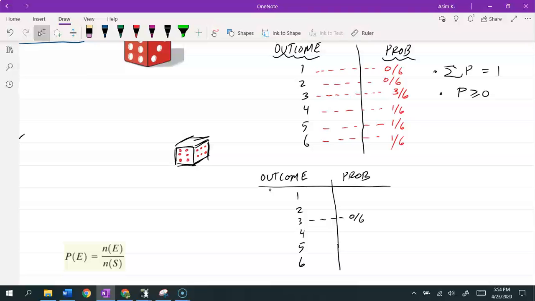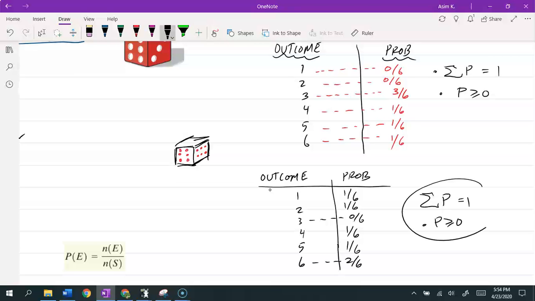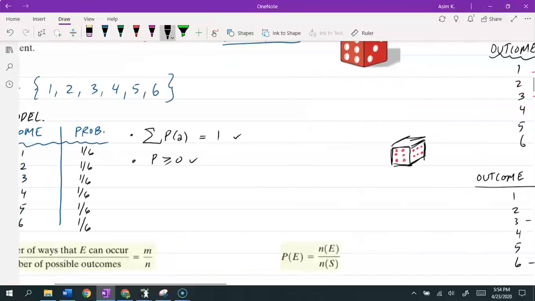So there's 0 out of 6 chances of that happening, but there's 2 chances out of 6 of a 6 occurring, and the rest of them are standard at 1 out of 6 each. Same question, is this a valid probability model? Yes, all the probabilities do add up to 1. Is each probability greater than or equal to 0? Yes, it is. So again, this works out for you, okay?